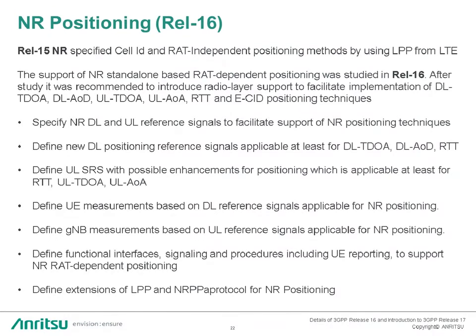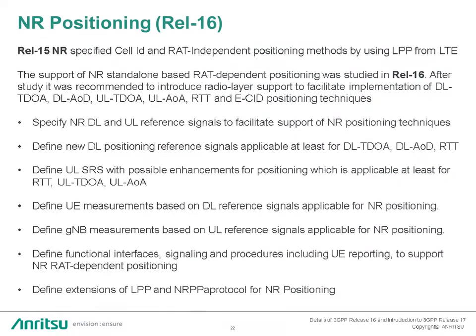NR positioning. In case of Release 15, the positioning was primarily based on LTE based positioning, but in case of NR, the positioning capabilities were introduced inside the NR technology, where NR downlink and uplink reference signals were introduced for positioning.